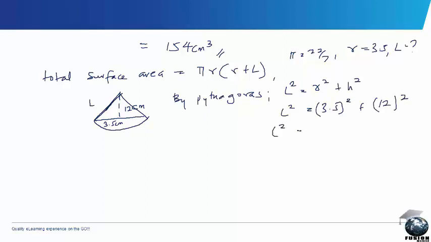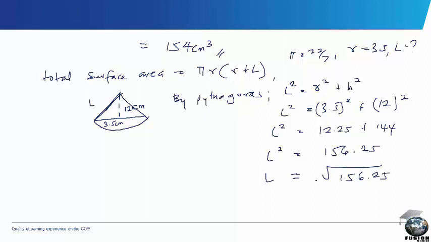L squared is equal to 12.25 plus 144, and so L squared is equal to 156.25, so that L, being the length, is the square root of 156.25, and so L will be equal to 12.5 centimeters.